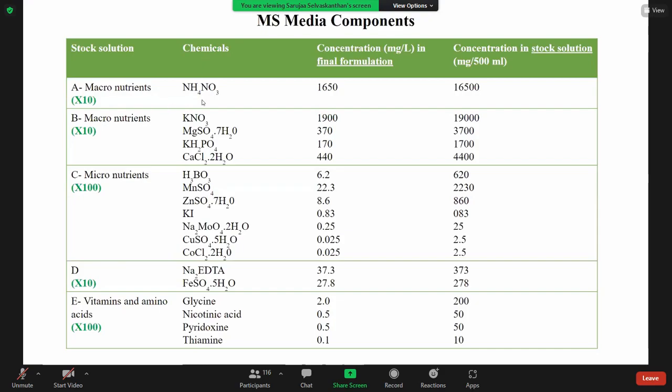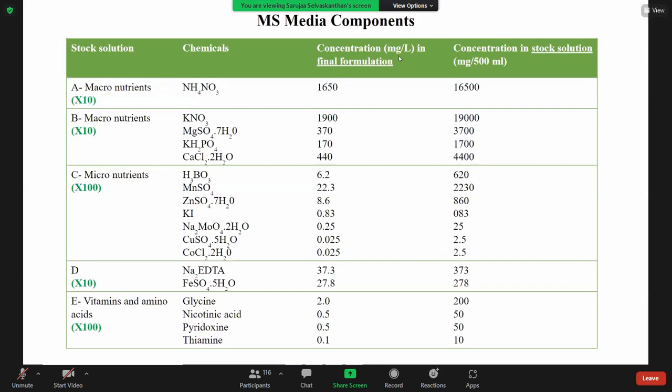So these chemicals should be present in the final formulation of MS media, in 1 liter. Remember, these are in 1 liter, 1650 milligram, right?